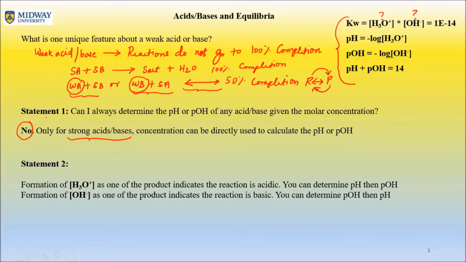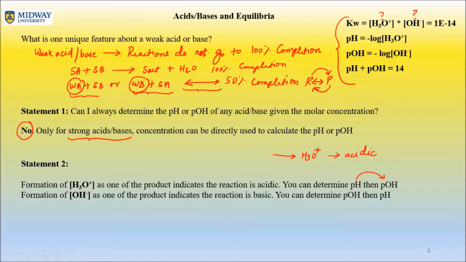Statement 2, since we are going to get into the world of weak acids and weak bases, let's say you have a reaction and one of your products is H3O+, and if that's the case, that's acidic. The reaction is acidic, which means you can only determine pH. From pH, you can determine pOH. So this is the only route possible, okay?